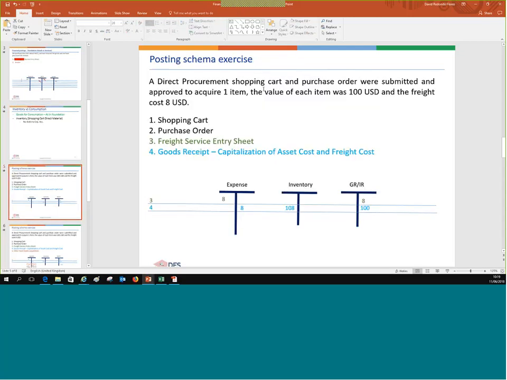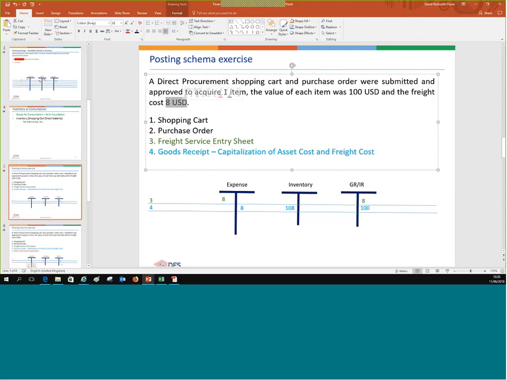We are acquiring only one item in this case, and the value of the item is only $100. Please allow me to use this very cheap example, but I think it will be better for you to understand. There is also a freight service that will be $8, and it's paid with a different PO or in a different line as a different service.